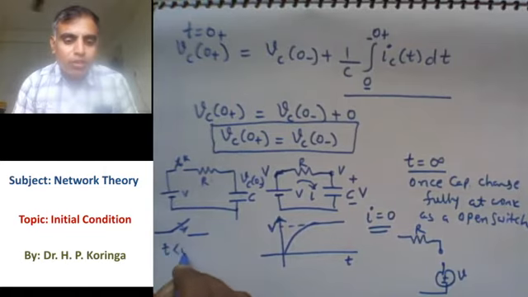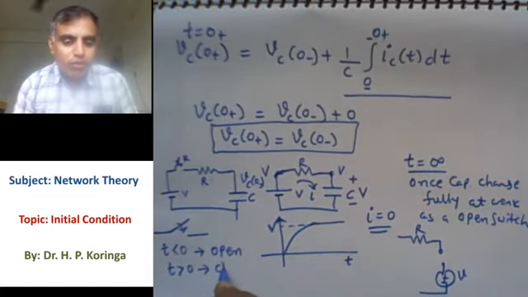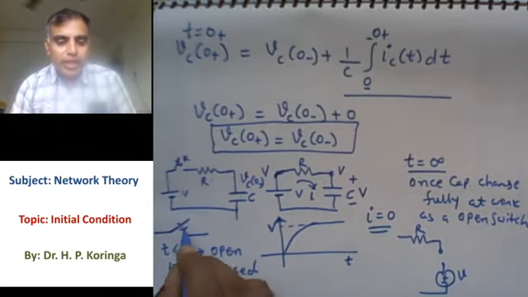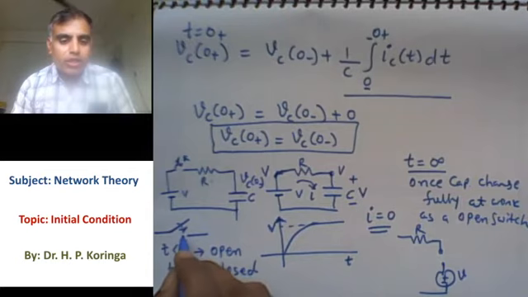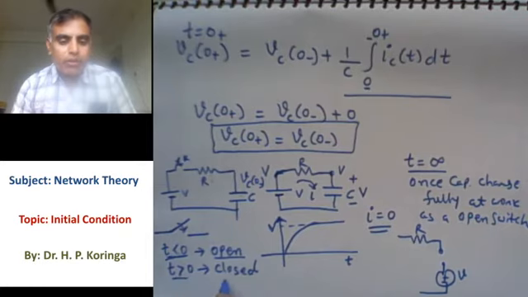For t less than 0 the switch is open, and for t greater than 0 the switch is closed.